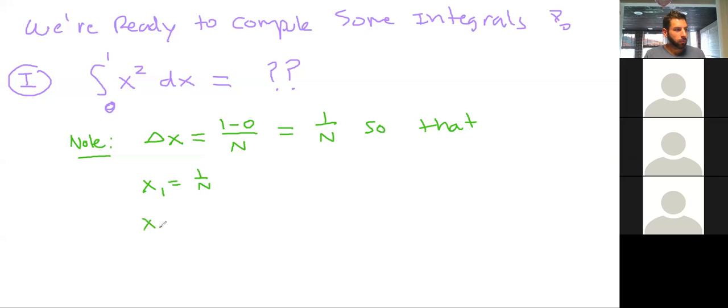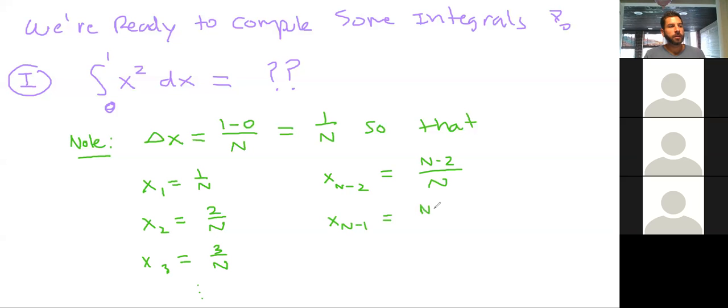My x sub 2 is 2 over n. My x sub 3 is 3 over n. And this pattern continues. My x sub n minus 2 is n minus 2 over n. My x sub n minus 1 is n minus 1 over n. And then lastly, my last point is x sub n, which is n over n. Of course, we know that that is also equal to 1.